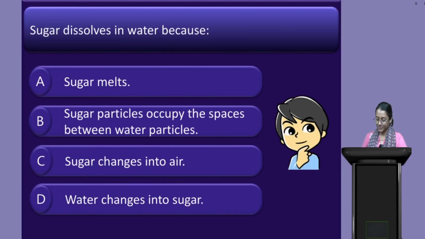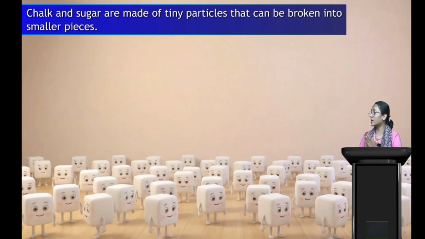So next is, see, this is one small chalk, and whenever we break the chalk, the small particles also behave like chalk. And see the sugar cubes, the sugar, this is also made up of small tiny particles.